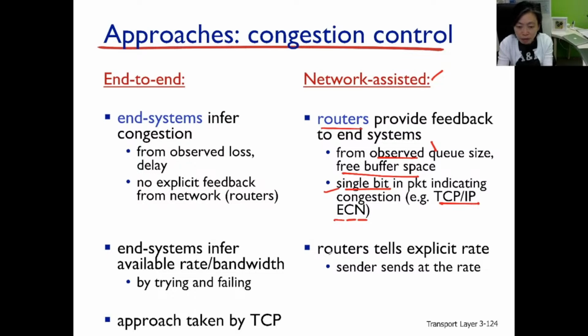What's nice about this approach is this: the routers observe exactly how much free space there is, and divide it by the number of flows, the number of connections, going through. Routers can also be more explicit, telling the receiver to inform the source: now, set the sending rate to this size. Set your sending window size to a particular size, such that we will not overwhelm the router buffer space.